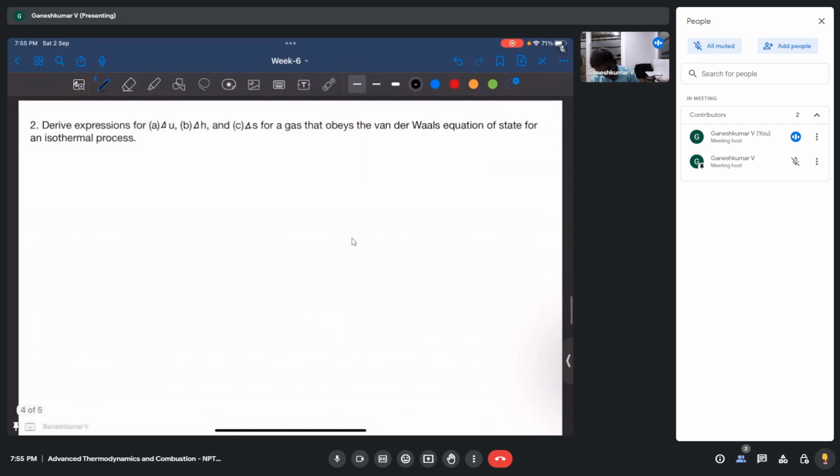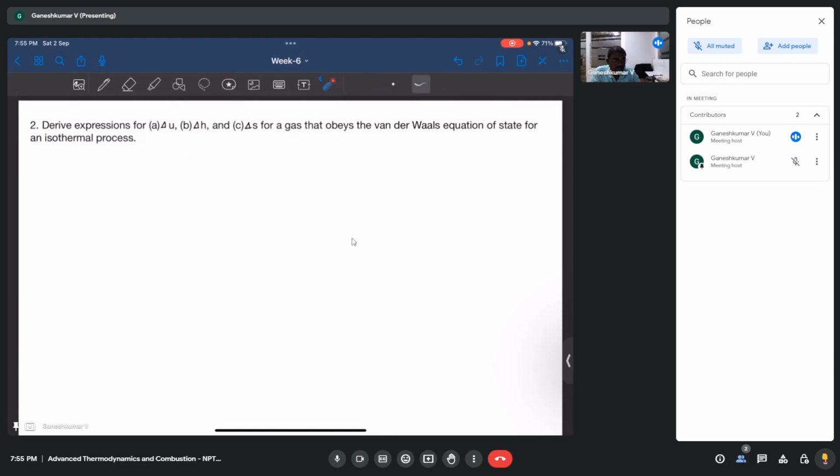Now the second question is derive the expression. I am using the Van der Waals equation of state in this session. There is also Redlich-Kwong equation of state. You can also try that. But as I said, the complications will be even more if you use that equation of state.